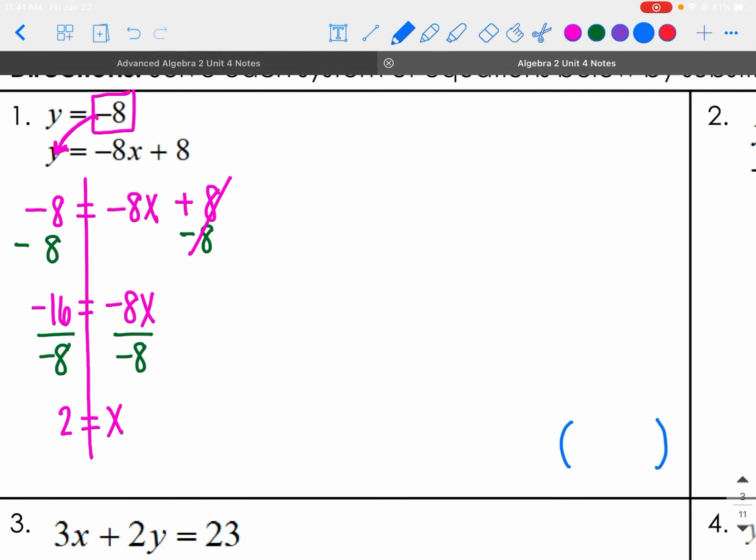Remember, our solution is a point, and so we need both the x and the y. So if I look back at my equations, it tells me that y equals -8. So I already have the other part of my solution. So x is 2, y is -8.